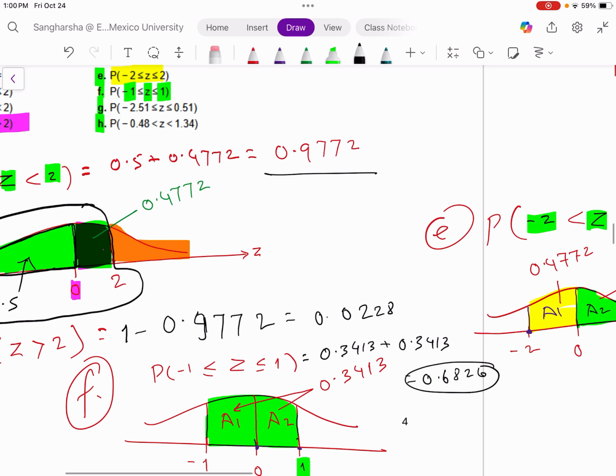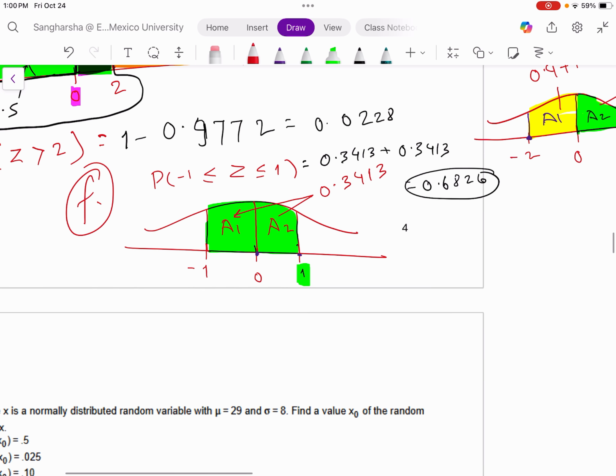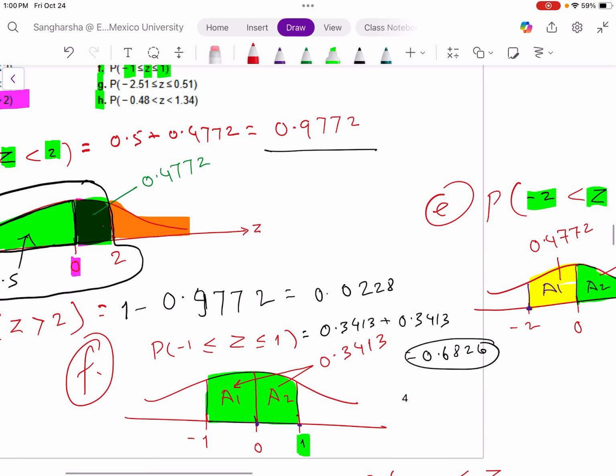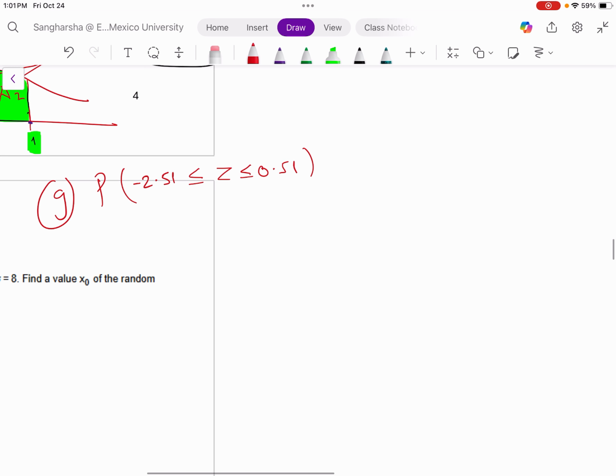In this problem, we want to find the probability that our G is in between -2.51 and 0.51. So you draw a bell-shaped curve. The mean for a standard normal distribution is 0.